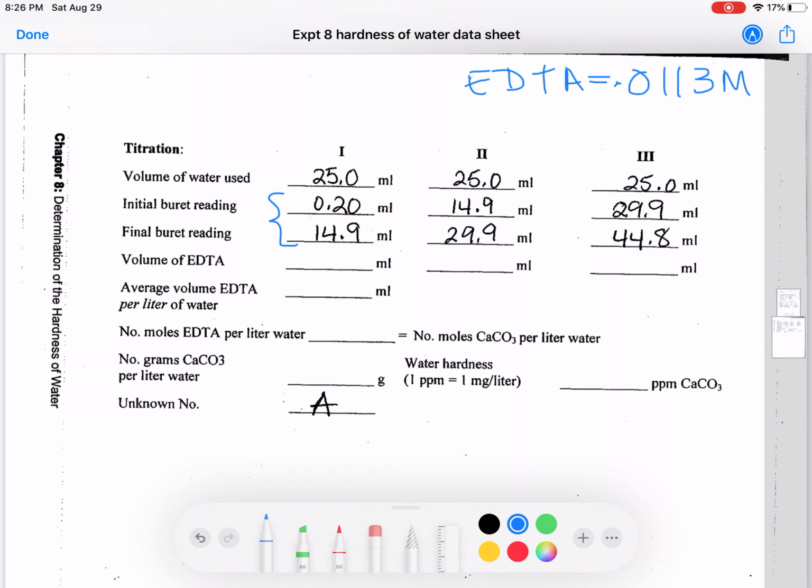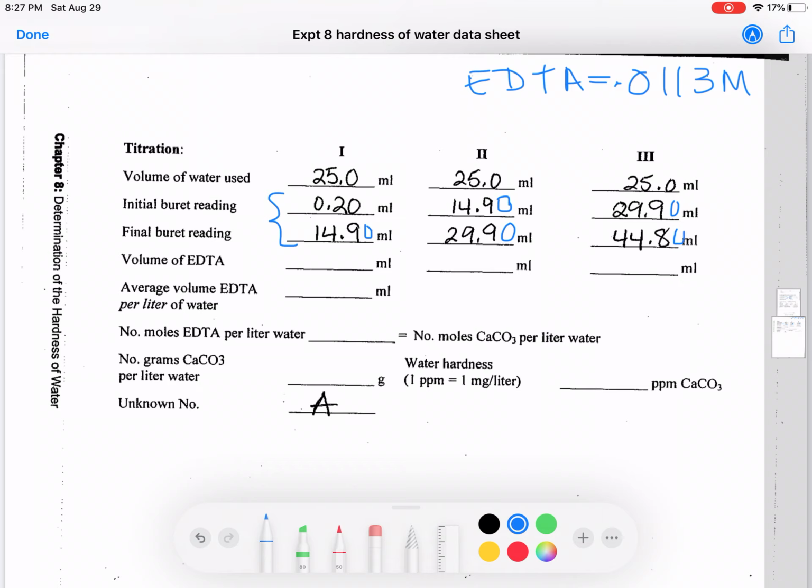It gives us up to 2 decimal places. Even the last one you cannot exactly say what the last number is. If it is exactly at 14.9, you have to put another 0. I'm going to put it over here, 14.90. So this also should be another one, because the burette gives us up to 2 decimal places of accuracy.